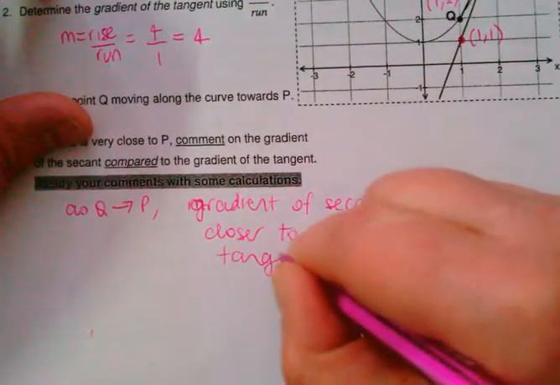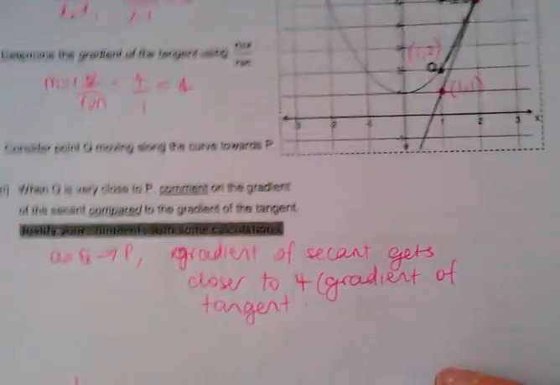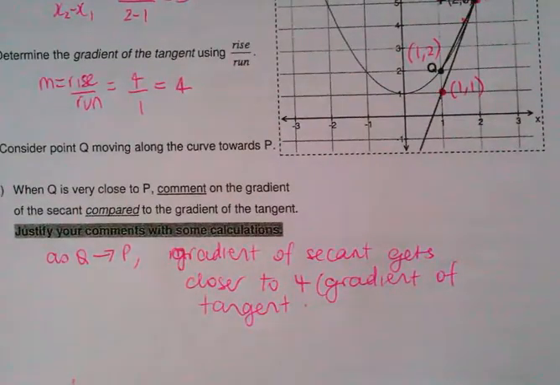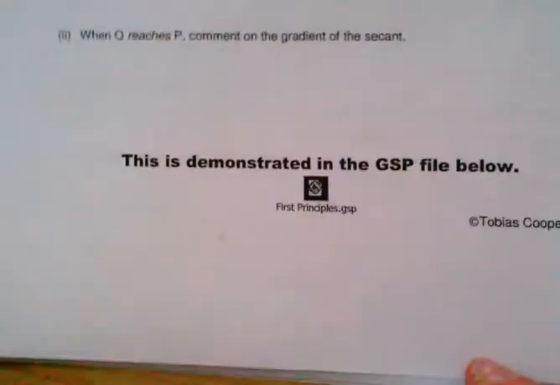I'm going to do this all using GeoGebra in a minute. We don't have to do these calculations; they're all going to be done on the computer. I'm not going to do a calculation there on the curve because we're using GeoGebra in a few minutes.